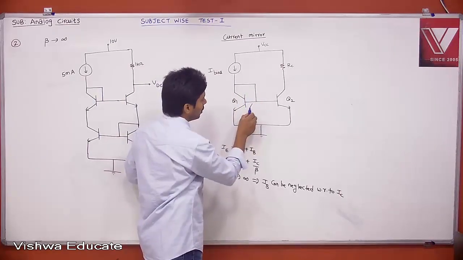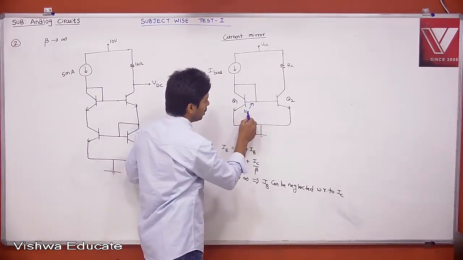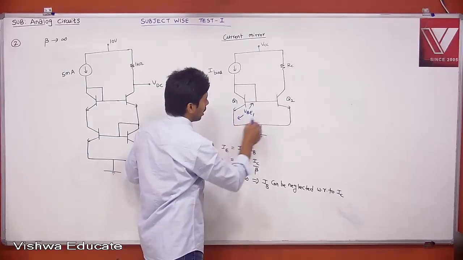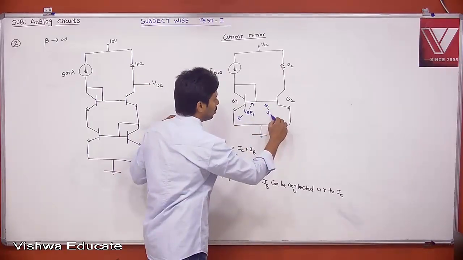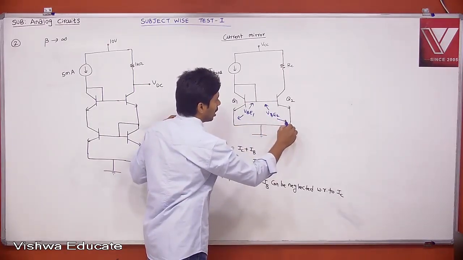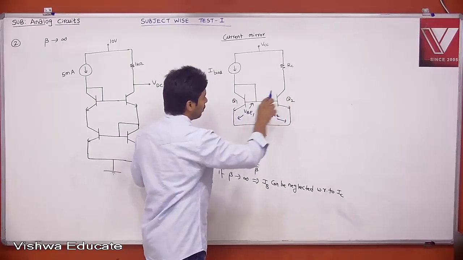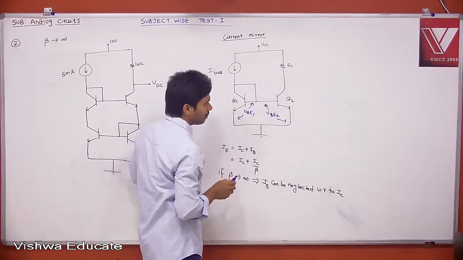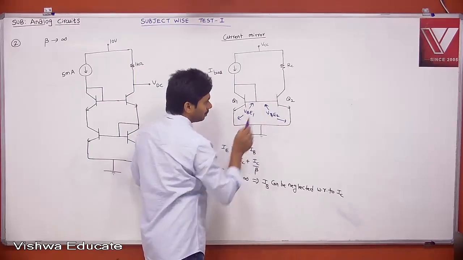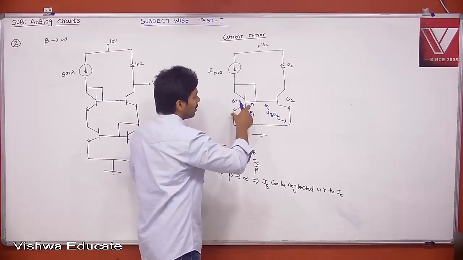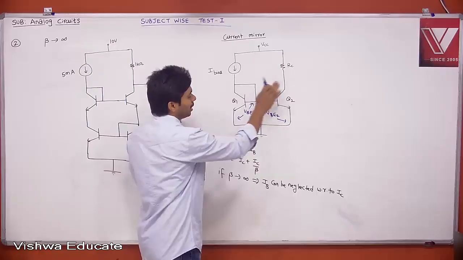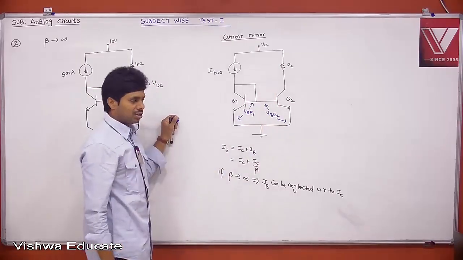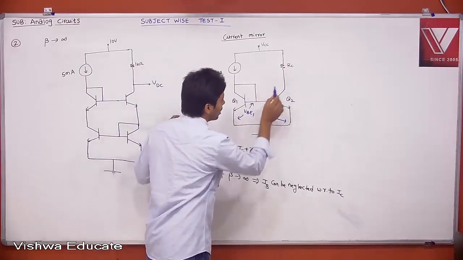This is VBE1 and this is VBE2. Surely, according to KVL, VBE1 is equal to VBE2. Whatever voltage you have, the same voltage we have. Let us say both have the same beta. Then both have the same VBE, both are in active region, then both will have the same collector current.